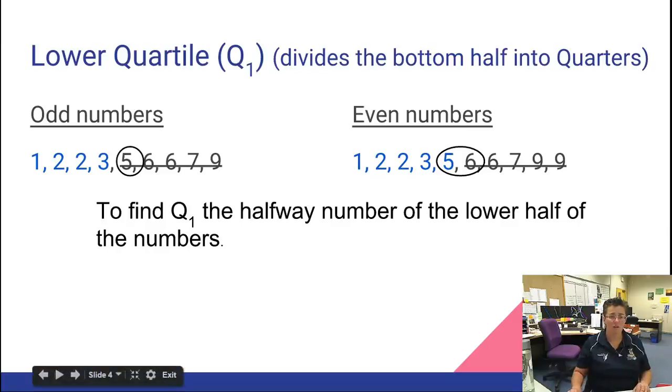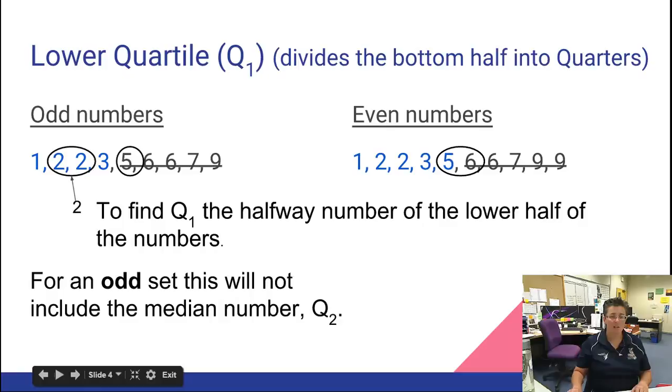But you'll see if it's odd, we don't include the number halfway, because remember that is our Q2. But if it's even, we do include it, because remember our Q2 of this set of data is 5.5, so it's halfway between those 2 numbers. So we do include the 5 when we're finding the half of that.